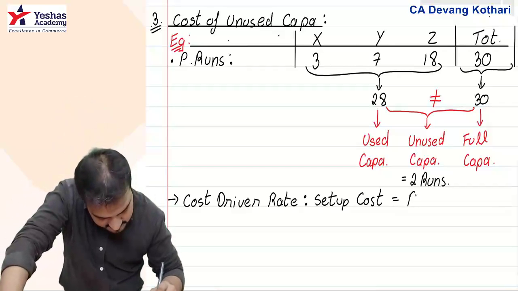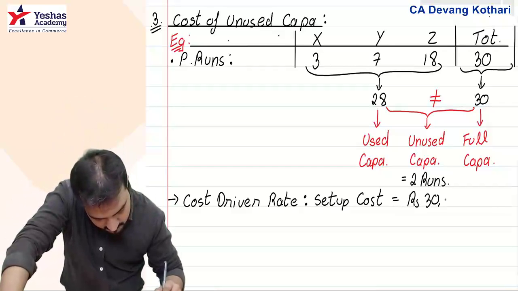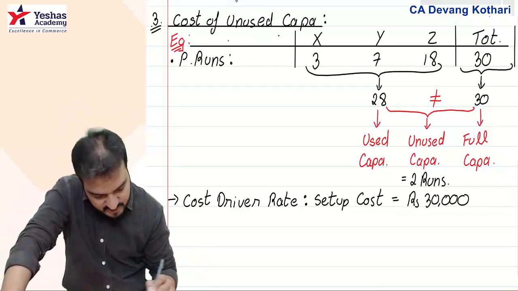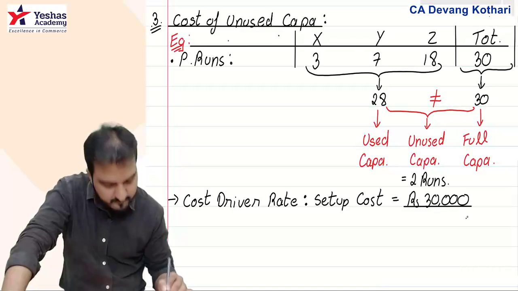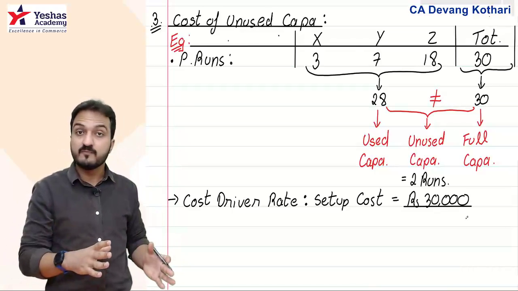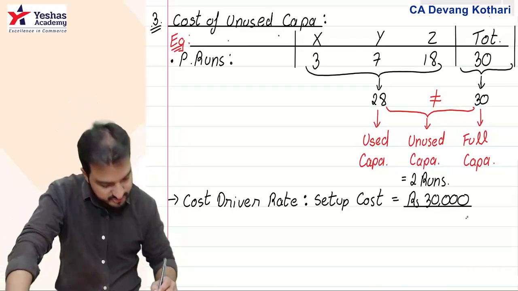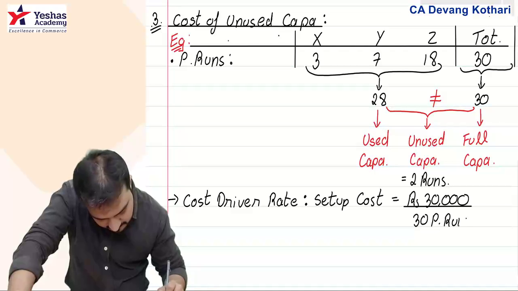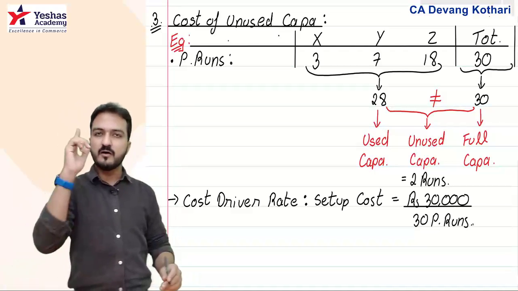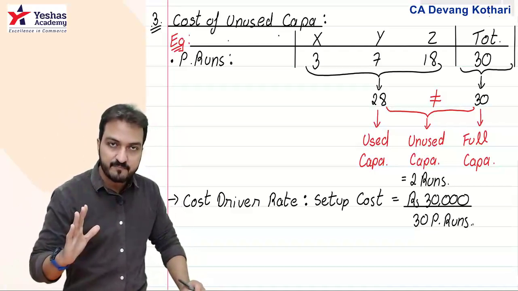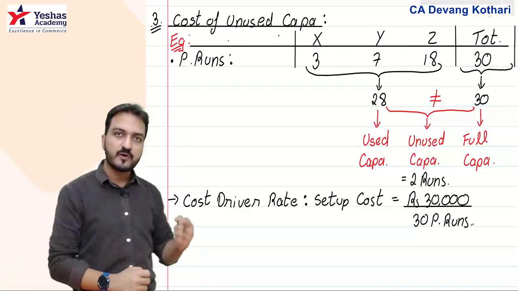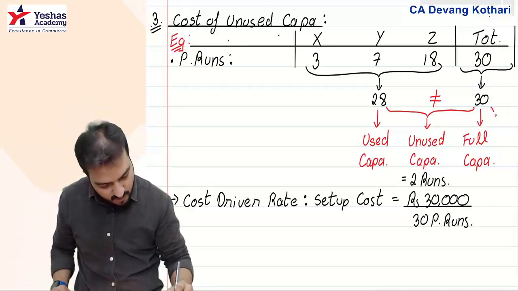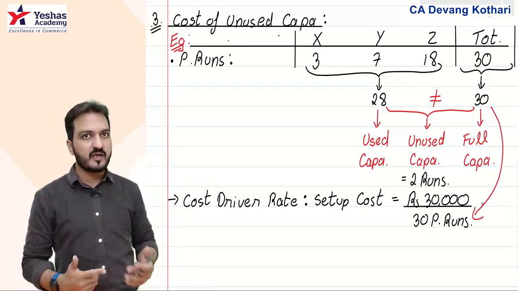Total setup cost was that same 30,000 given in the question, and the total cost driver which I divide here will be what? 28 or 30? No, it will be full 30. The total cost driver which I divide here will be still 30 production runs. So my earlier rule still remains the same, that total cost driver is used for calculating the rate.